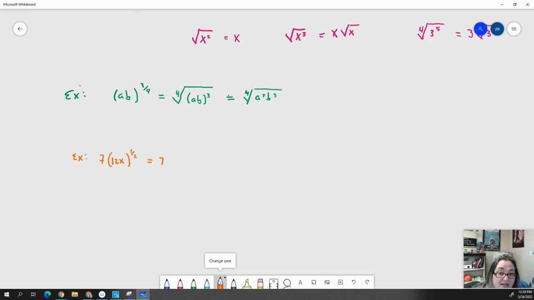So you would rewrite that as 7 times the square root of 12x, right? You don't even need to put it in parentheses because technically it's all under the square root. We're not raising it to anything. So keep that in mind. What's in the parentheses is the only thing we're raising to the 1/2 power, right? That 7, it doesn't apply to the 7.